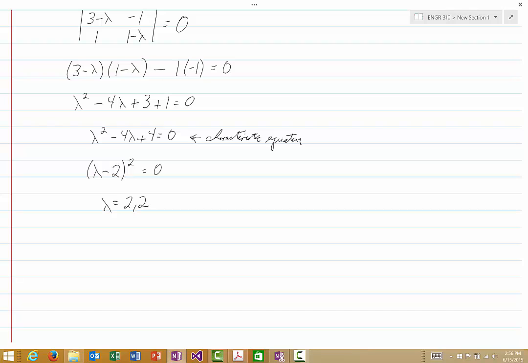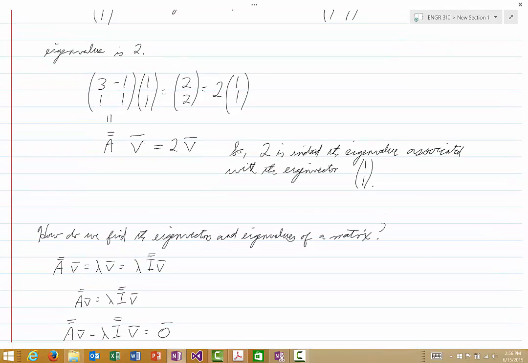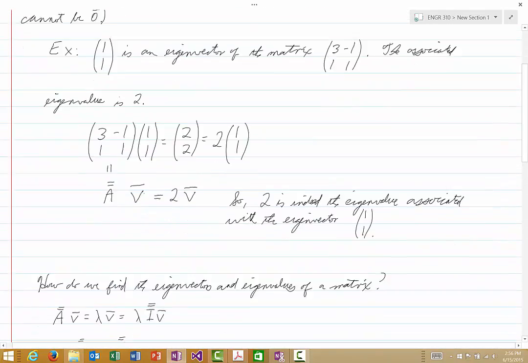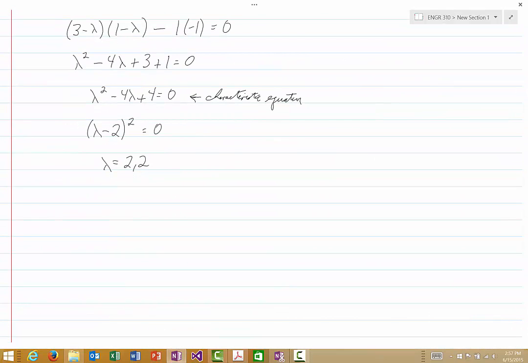And of course we already knew that 2 was an eigenvalue for this matrix. We found that up here in our first example, but now we see that it is the only eigenvalue for the matrix. There are no other values that the eigenvalue can have for this particular matrix. The only possible value for the eigenvalue is 2.